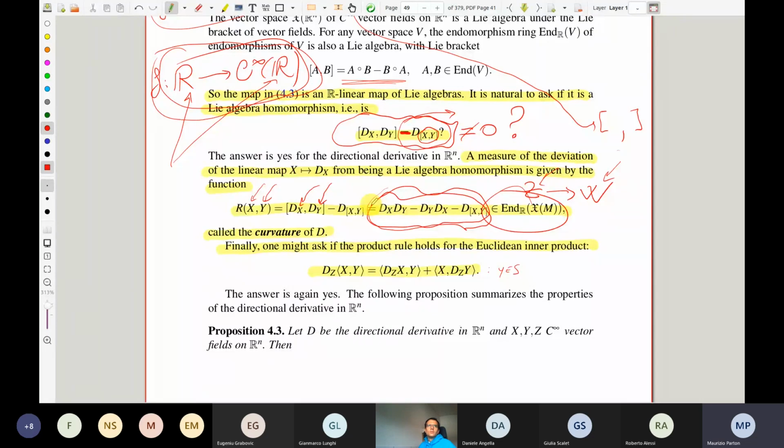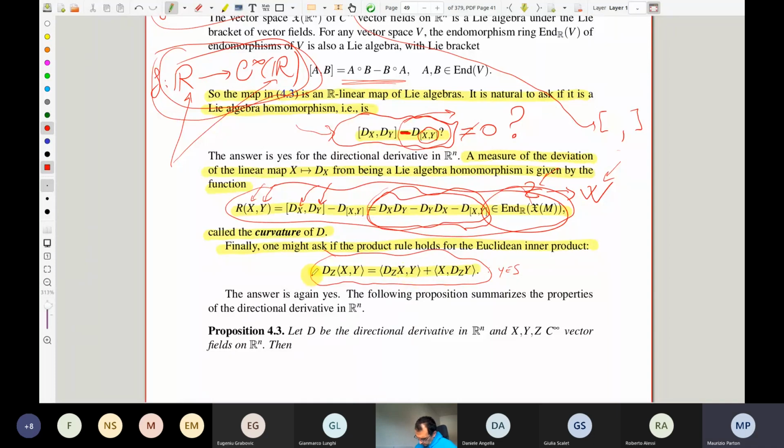So for the moment we have the torsion, and for the directional derivative, the torsion is 0. The curvature, for the directional derivative in Rn, is 0. And now we have another remark. If you take the derivative of the scalar product, this is the same. You see, this is a Leibniz rule. Just look at the scalar product as the product.